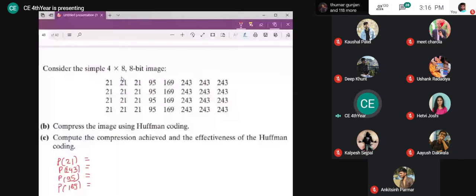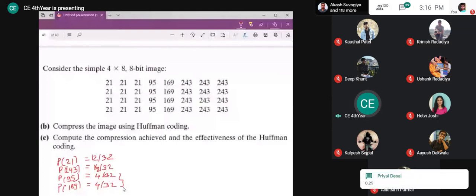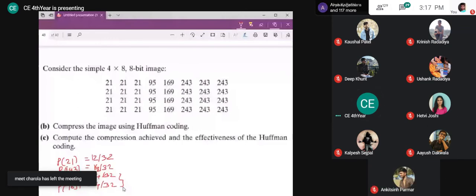Now combine these two. So tell me, what is the combination of these two? It will be 8 by 32. And 12 by 32, and 12 by 32.